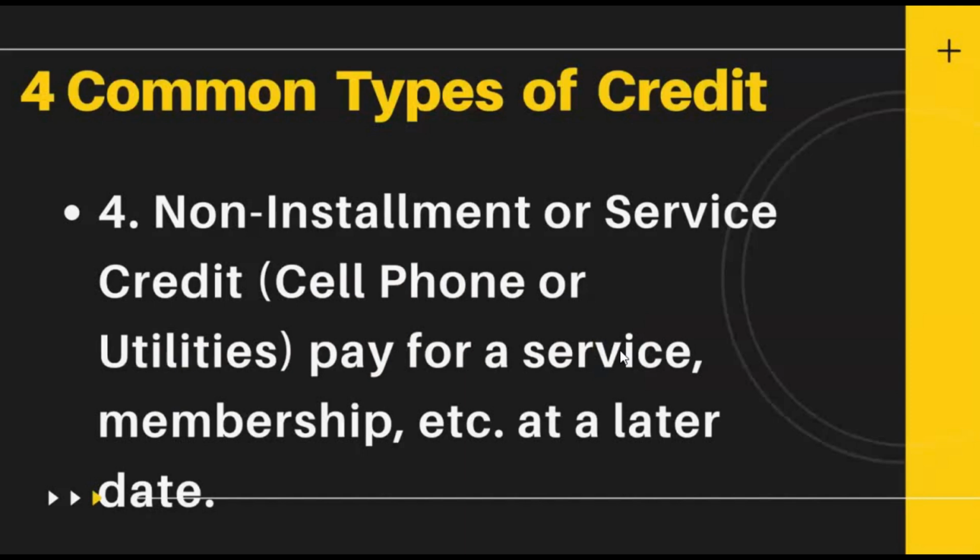It is due the same day of the month each month. And if you fail to make payment, then the services that you have contracted for would be halted. You will no longer have access to the service. So these are the 4 different types of credit that you can use.